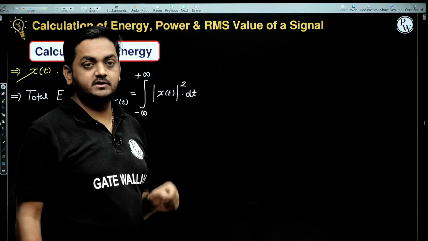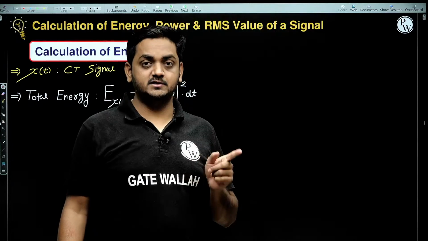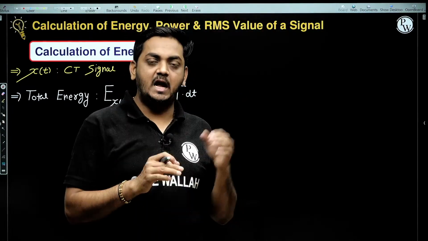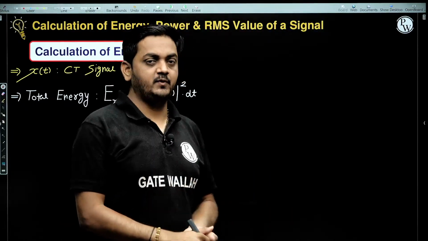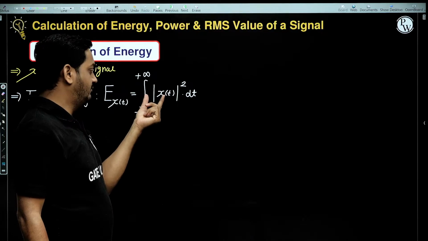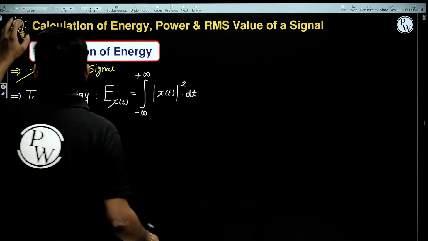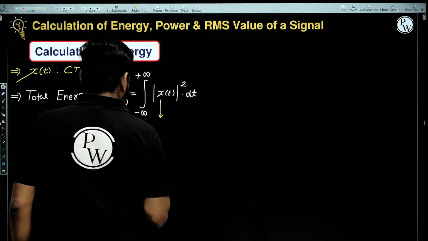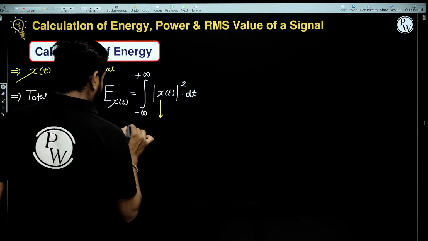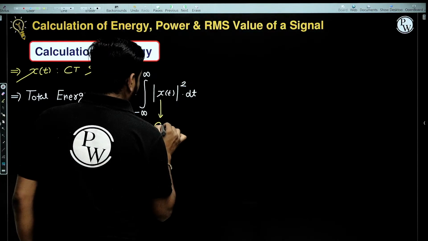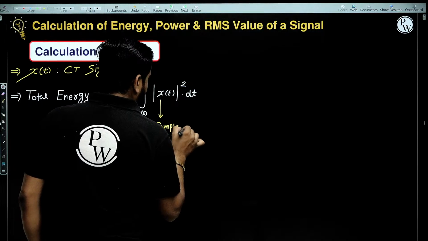If x of t is a complex value signal, then first of all you have to find the magnitude of that complex value signal, and then you have to follow the procedure. So here I wrote it because x of t can be a complex value signal, guys.